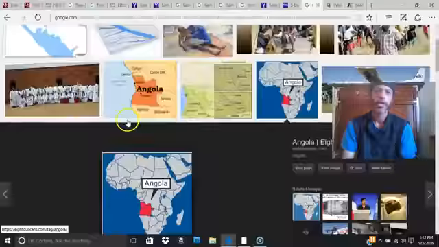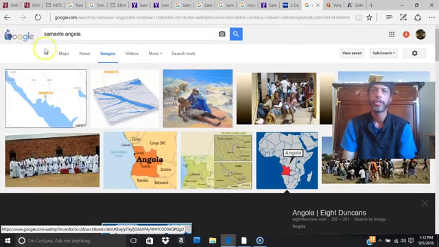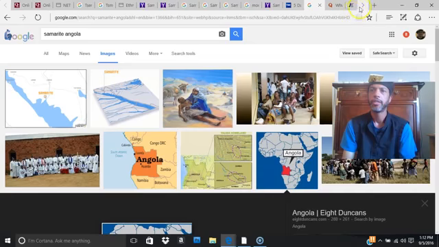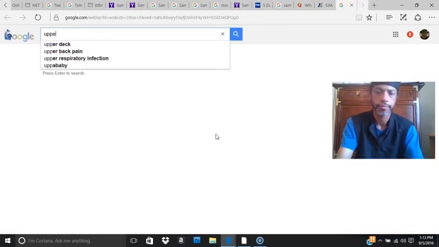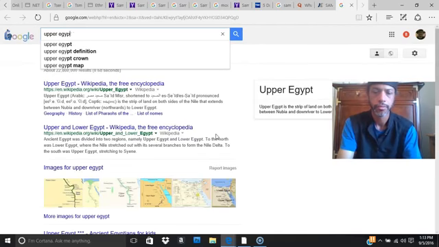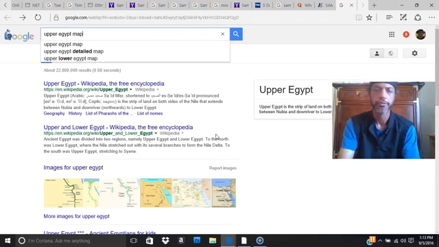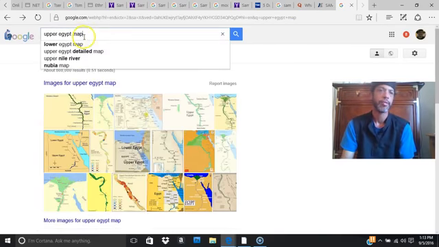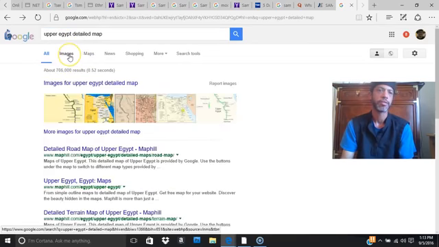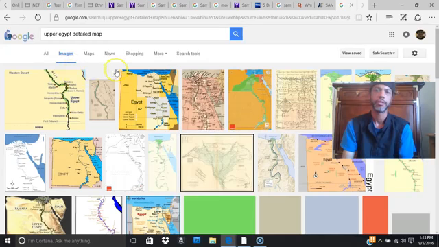So when I go here and I open this in a new tab and I say Upper Egypt, and as for map, let's say detailed map. Yeah, sure. Upper, and then I'm gonna click the images. All right.